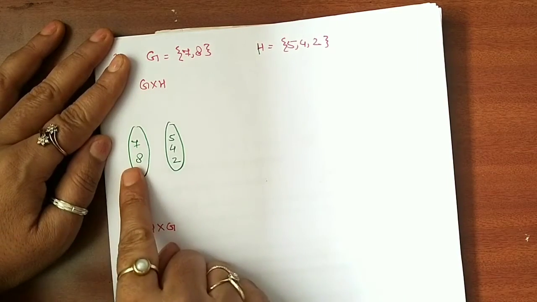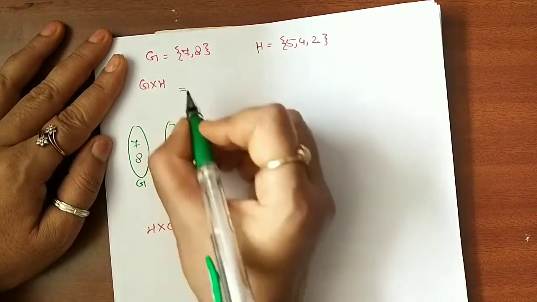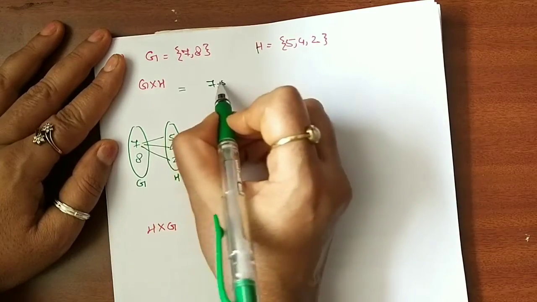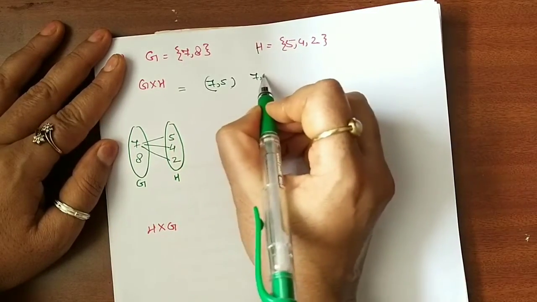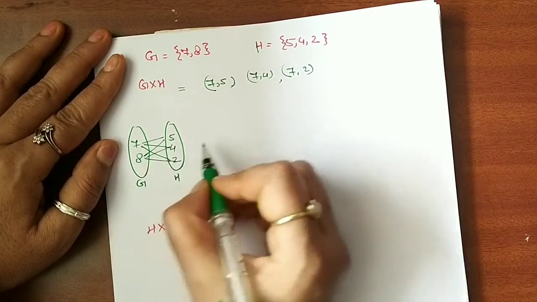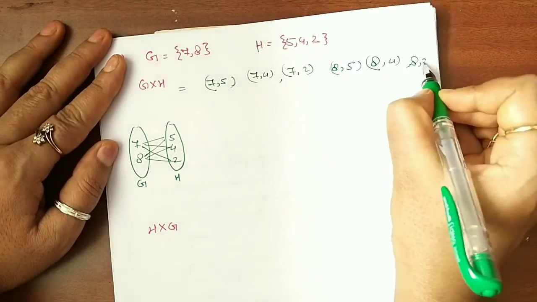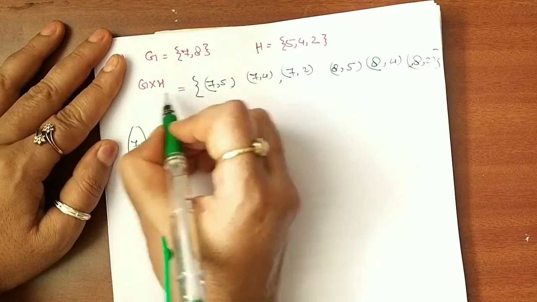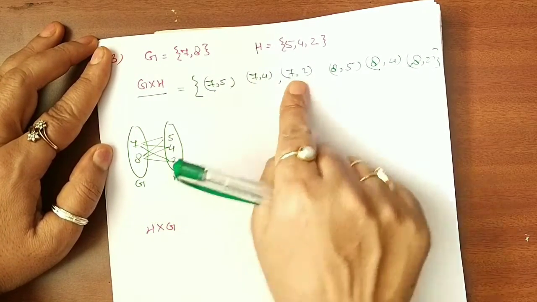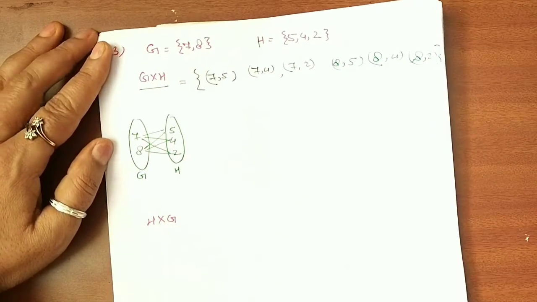The first element I am supposed to pick up from G and the second from H. So what will be my pairs? 7, 5; 7, 4; 7, 2. Then 8, 5; 8, 4; 8, 2. So this is the ordered pairs of G cross H. The total is 1, 2, 3, 4, 5, 6, because 2 into 3 is 6.